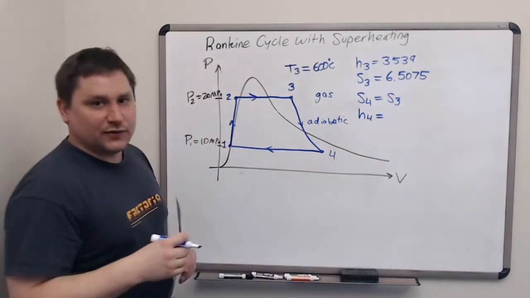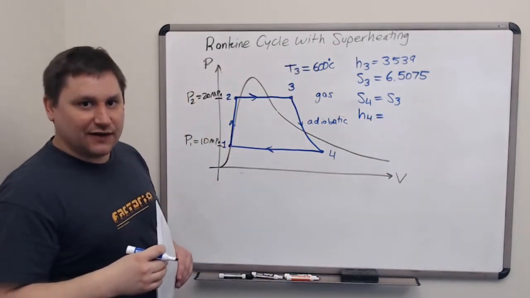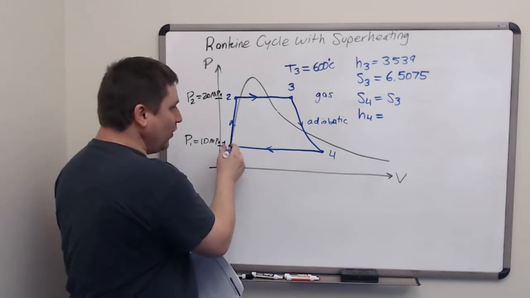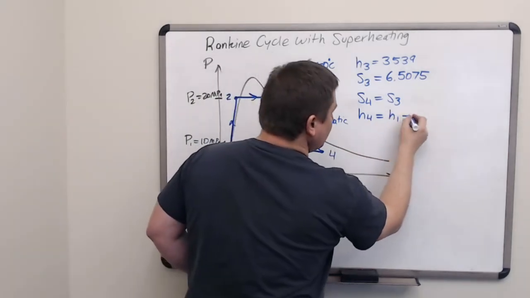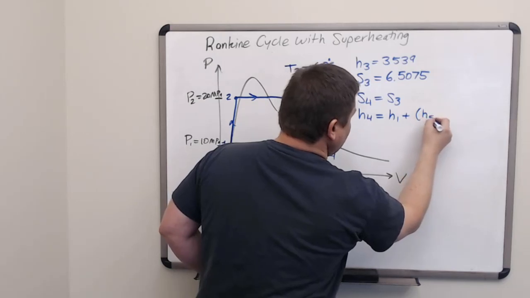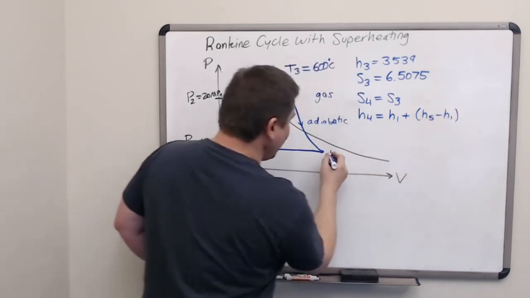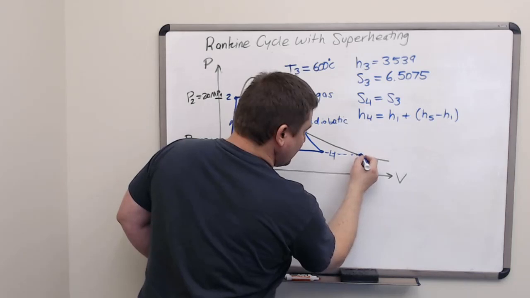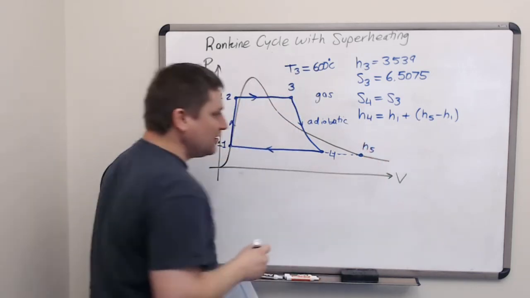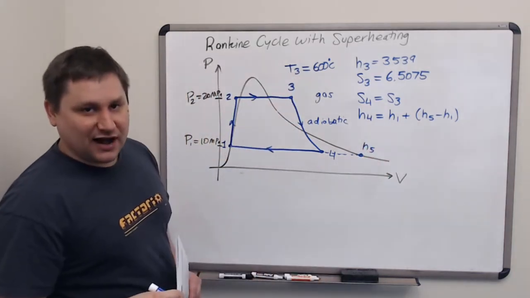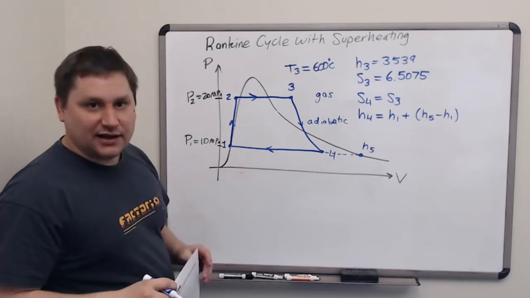To find out the value of H4, we still use the lever rule between H1 and our additional location H5, which lies on the liquid vapor envelope at the same pressure as location 1.